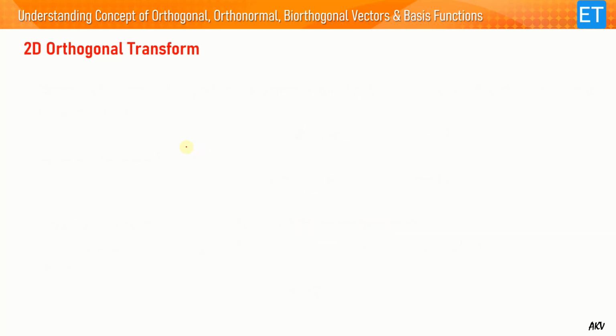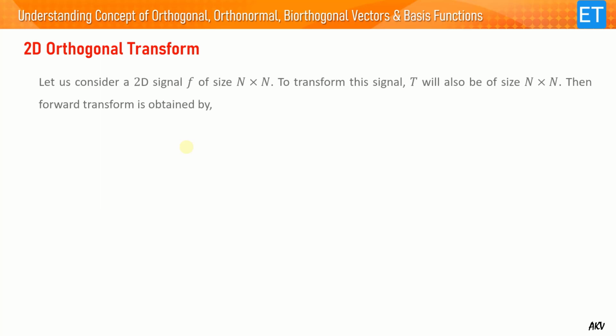And now let's see the two-dimensional orthogonal transform. So consider a two-dimensional signal f that can be an image segment of size n by n. To transform this signal, the transformation matrix will also be of size n by n. So this two-dimensional transform can be given by this equation. This is your spatial domain.